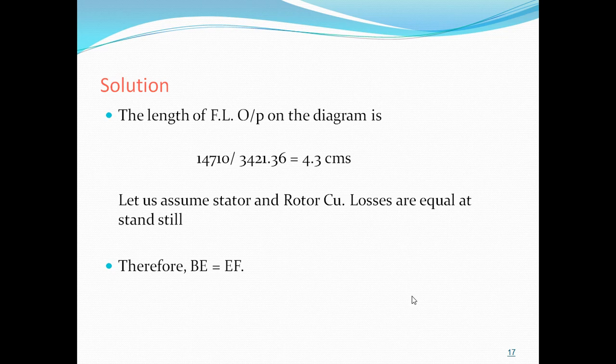So if we assume the stator copper losses and rotor copper losses both are equal at standstill, then you divide the point E such that BE is equal to EF.